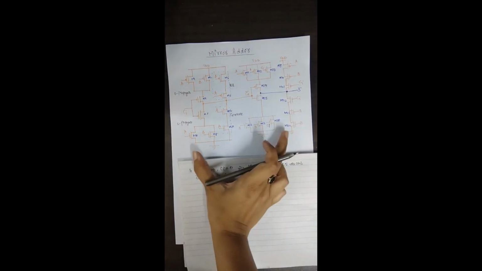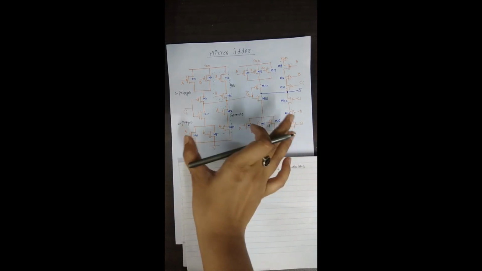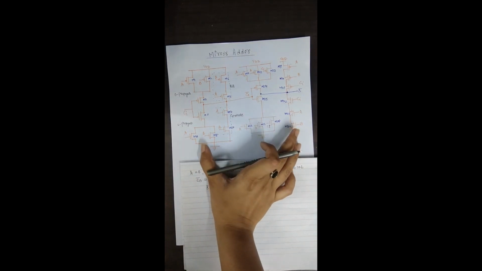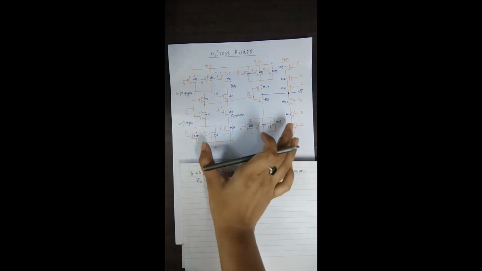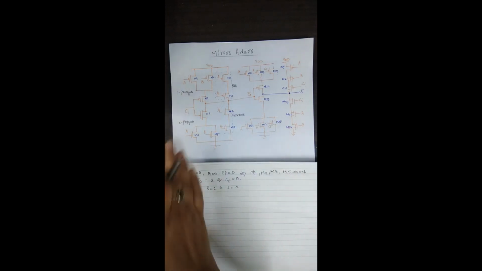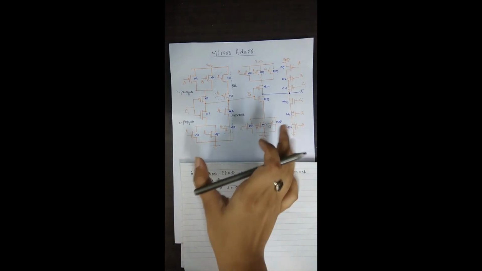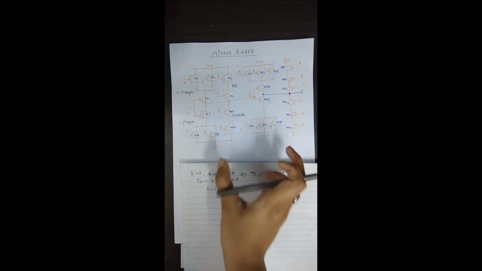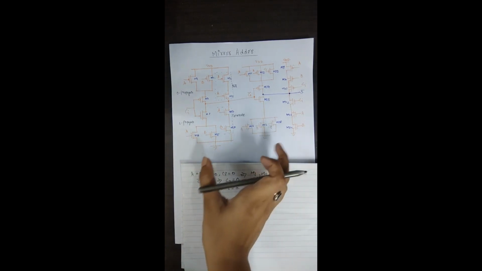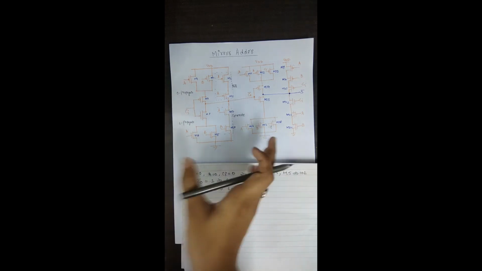So we will definitely get proper speed using the mirror adder circuit. Okay, so it is better than the ripple carry adder, and it involves 24 transistors for the mirror adder, which is also fewer than the ripple carry adder.